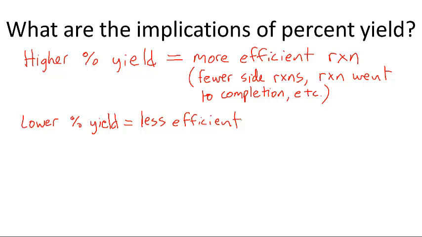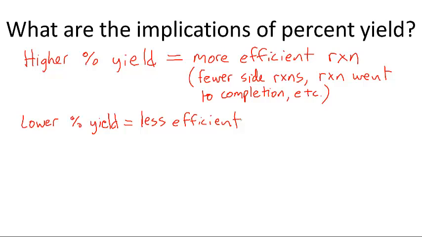So reactions that are more thermodynamically favorable, more energetically favorable, will tend towards a higher percent yield, but there are a number of factors, so I wouldn't necessarily correlate the two, because you can take a thermodynamically unfavorable reaction and with an input of energy, you can force it to happen to really high yield. You can also have certain reactions that are really thermodynamically favorable, but they might be competing with other reactions that are also thermodynamically favorable, and so you end up with a really low percent yield.